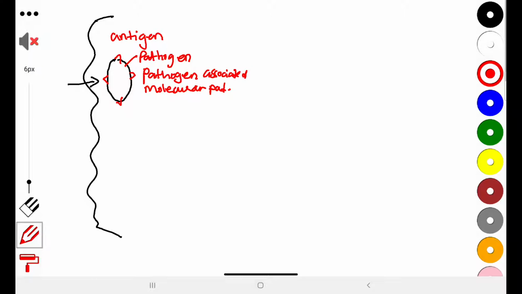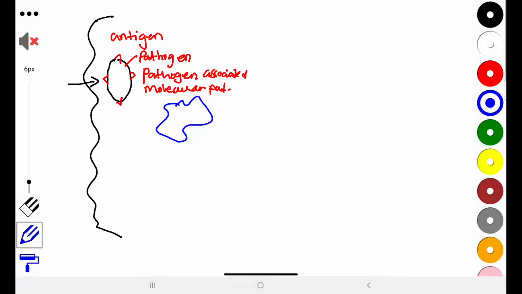Now, when we talk about activation, what is it that we're really alluding to? So activation in this case, let me just draw it here. So the mast cell, when we talk about activation, we are talking about a release of histamine, because these are histamine releasing cells.